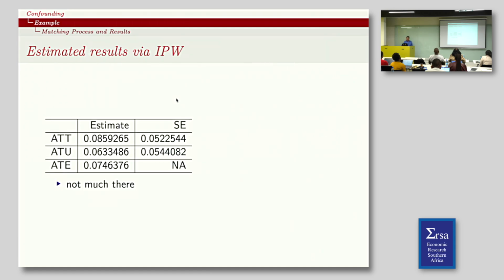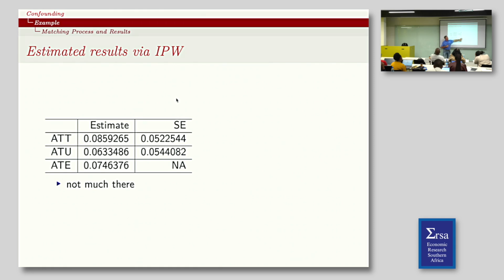And here are my underlying estimated treatment effects using inverse probability weighting, okay? So I basically run a regression with a simple dummy. I don't include all these other interaction effects, for now just a simple regression. I get an estimate of 0.086 log points, which isn't very large.